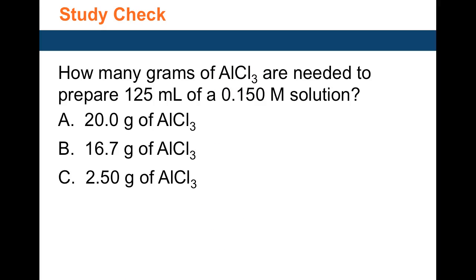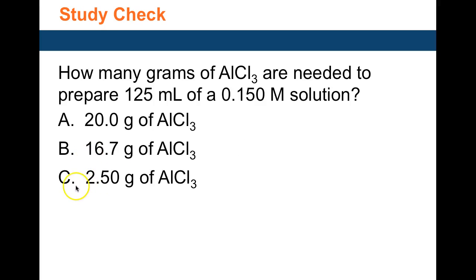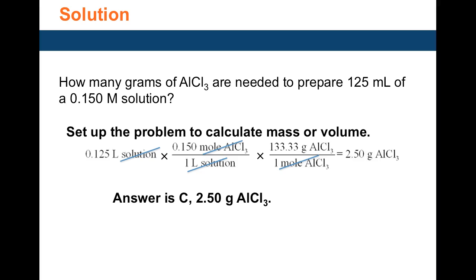So let's see how that works out. 0.125 liters times the 0.150 moles per liter, and then multiplied by the molar mass of aluminum chloride, that works out to be 2.50 grams of aluminum chloride. And if you go back, the choice would be C. 2.5 grams of aluminum chloride.